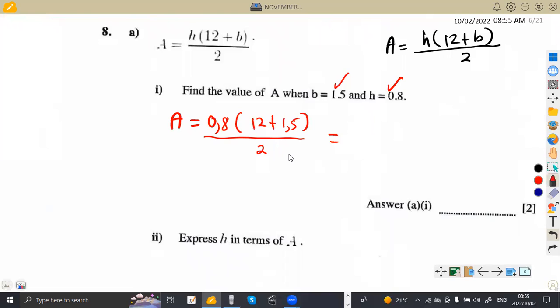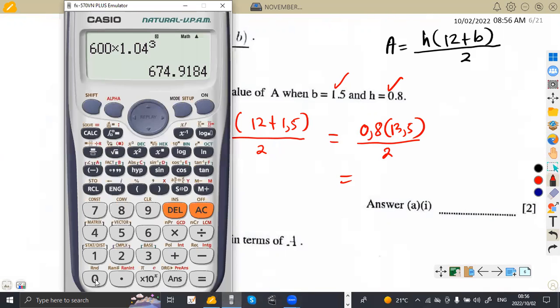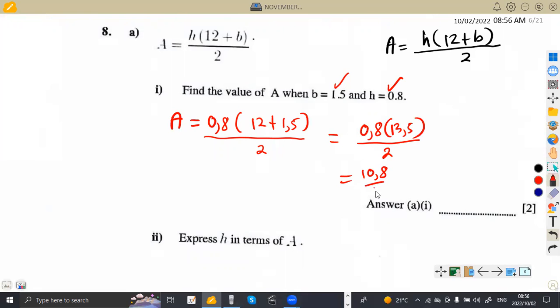Make sure that you substitute your information properly, and after that you can simplify. That gives us 0.8 times (12 plus 1.5, which is 13.5), so it's 0.8 times 13.5 over 2. 0.8 times 13.5 is 10.8, so you obtain 10.8 over 2, which is 5.4, if I'm not mistaken.